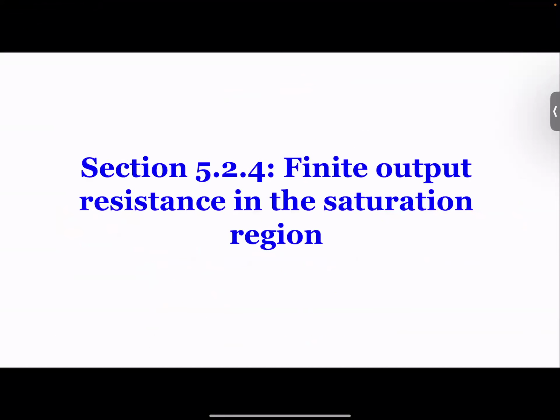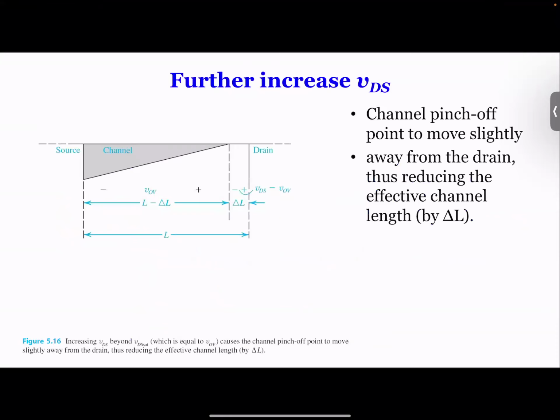Okay. Now we're going to move on to what we call finite resistance. Sometimes this is called pinch off. What happens is, if you have a transistor, I want to draw the original drawing. The original drawing is like this.